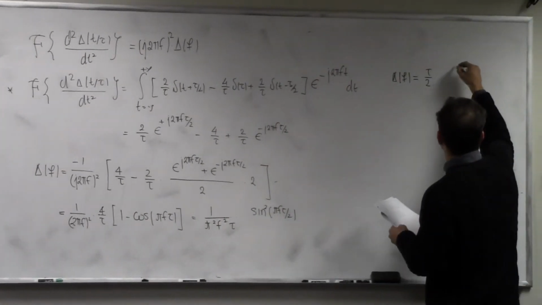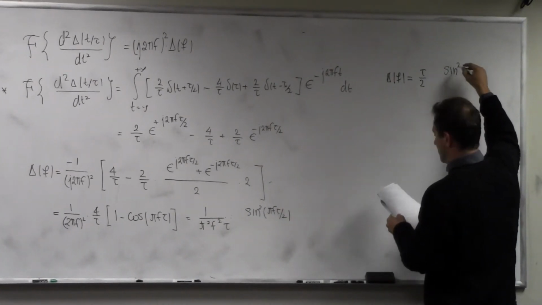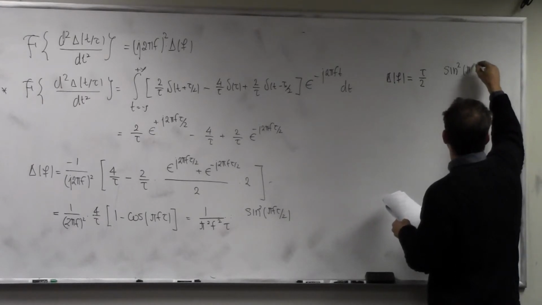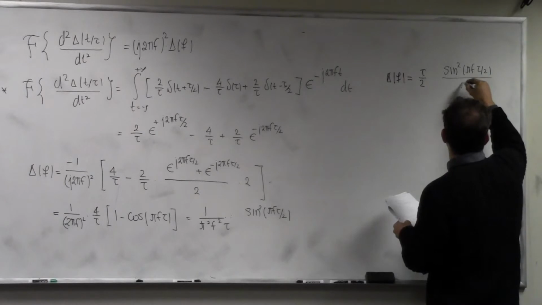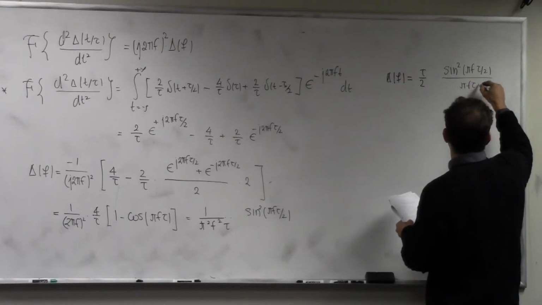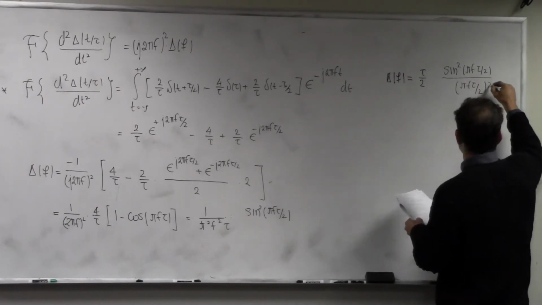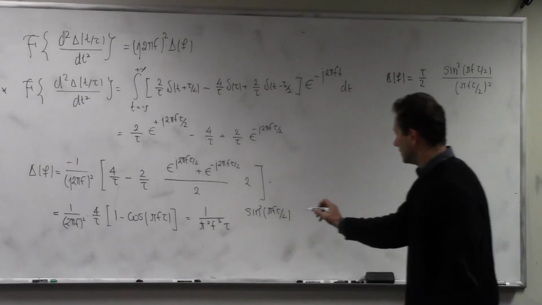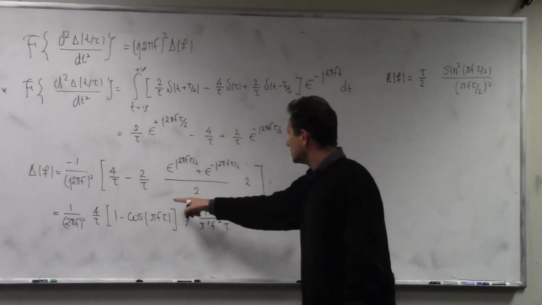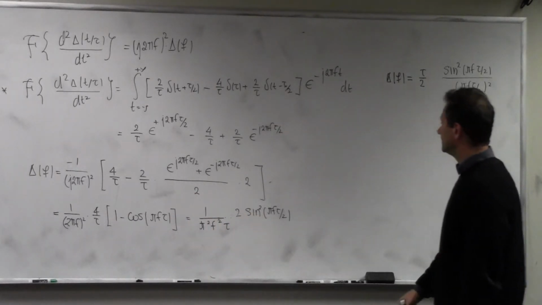And what I'm left with is sine squared of pi f tau over 2 over pi f tau over 2 quantity squared. This should work out somehow. There's a 2 missing. 1 minus cosine is 2 sine squared.